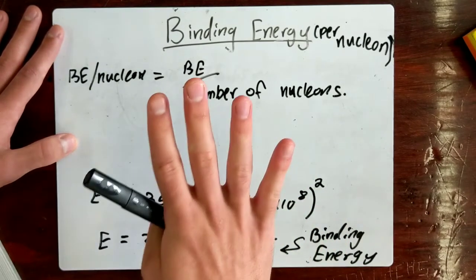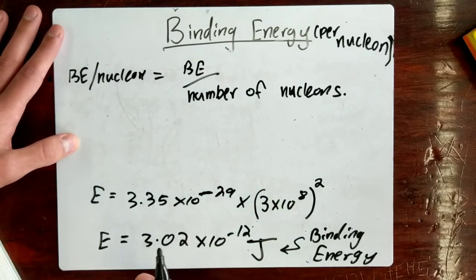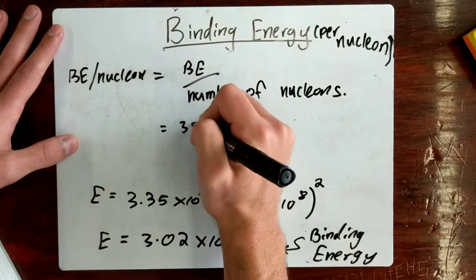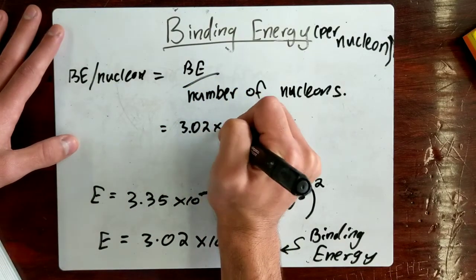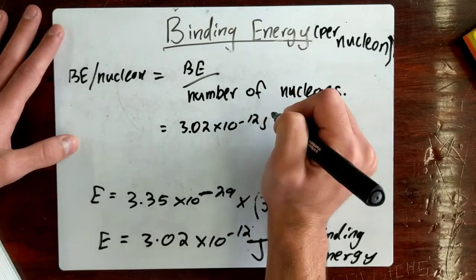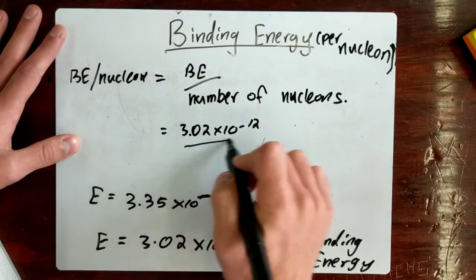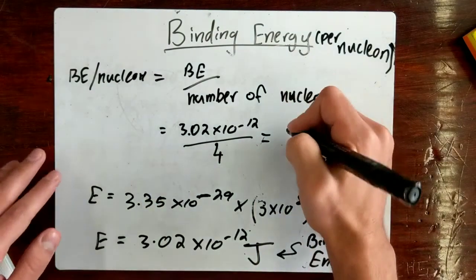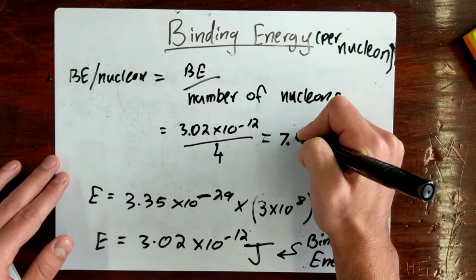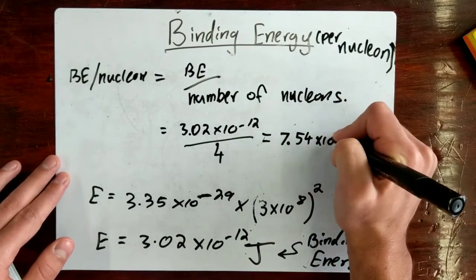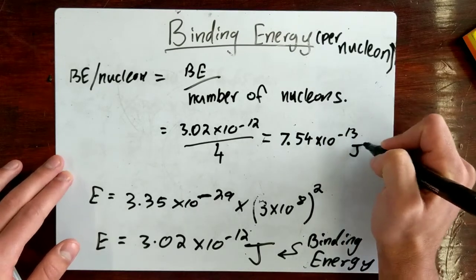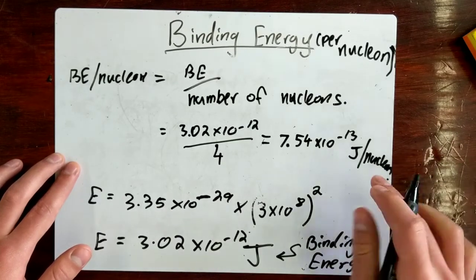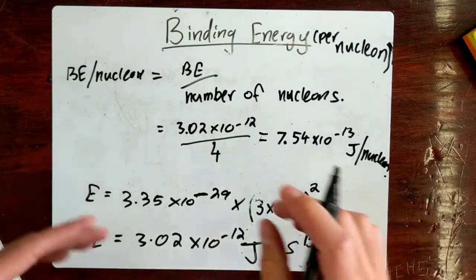So if I've calculated my binding energy as 3.02 times 10 to the negative 12, then I would do 3.02 times 10 to the negative 12 joules divided by 4 nucleons would give me 7.54 times 10 to the negative 13 joules per nucleon. Ran out of room to write that there. 7.54 times 10 to the negative 13 joules per nucleon.